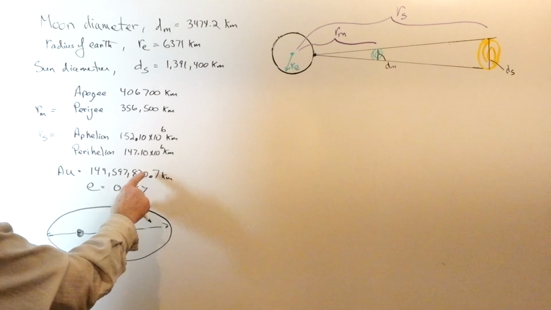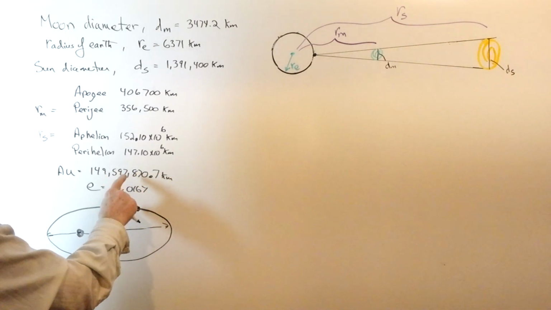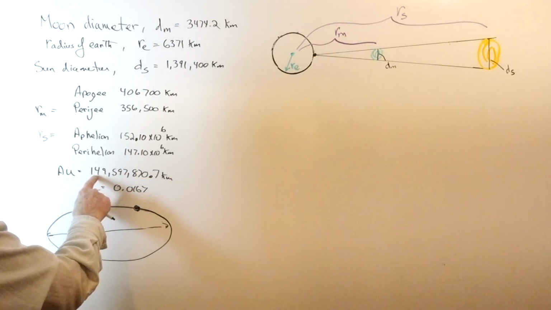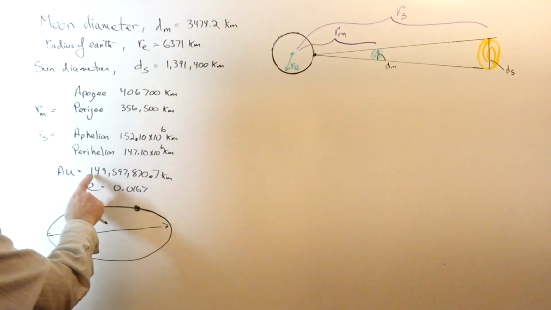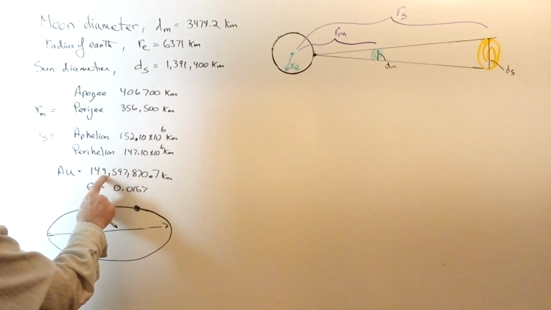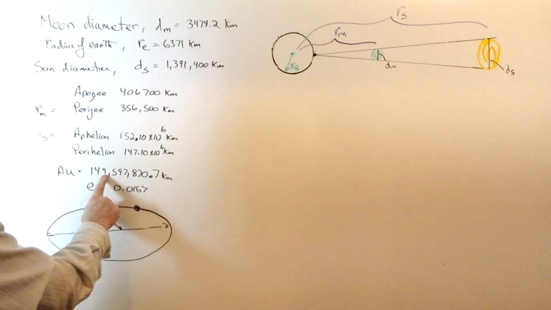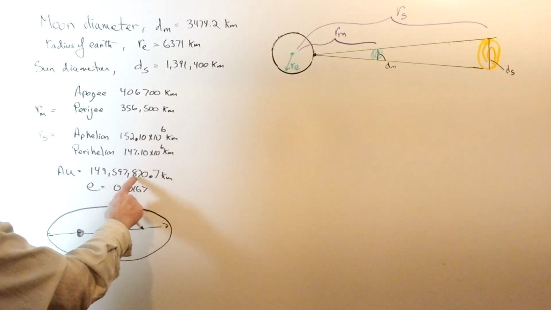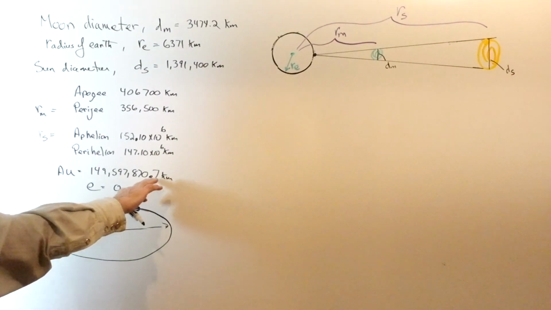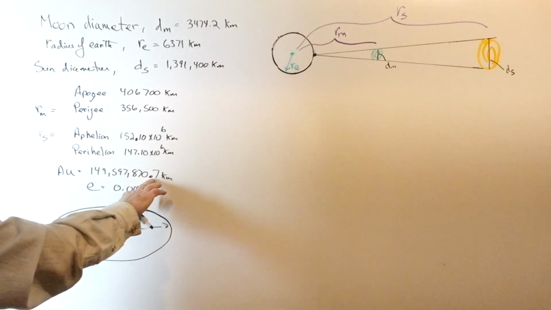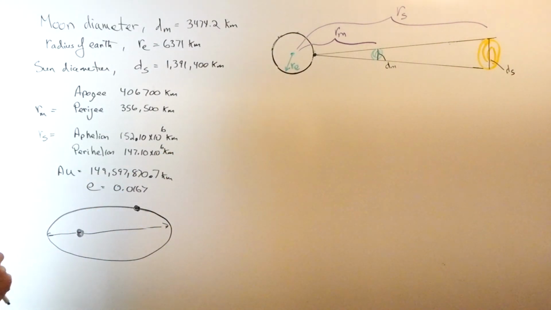And the semi-major axis distance is called an astronomical unit, and it is set at this value, 149,597,870.7 kilometers.